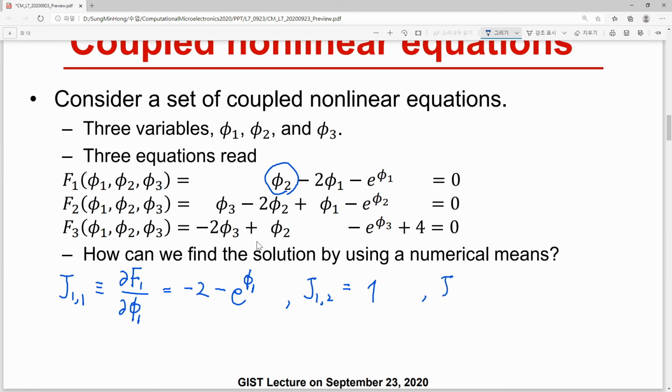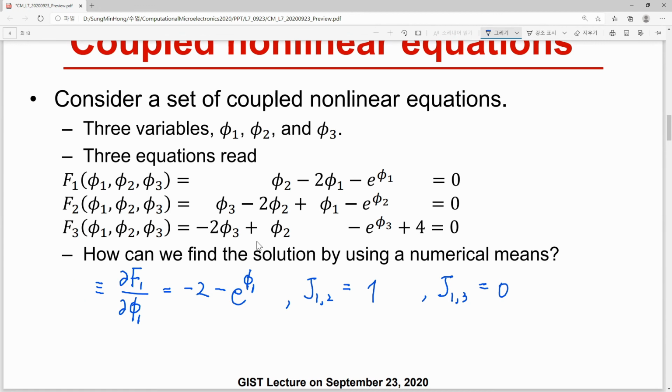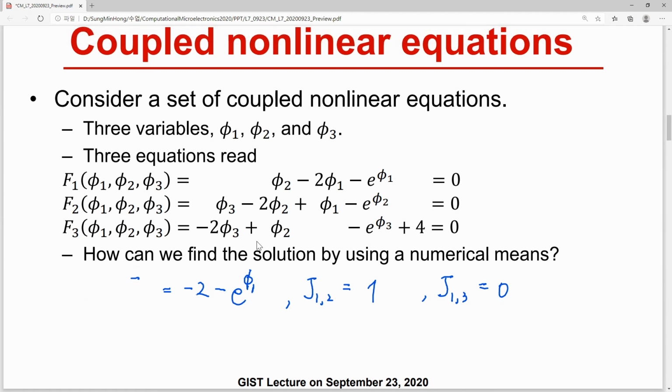And for J 1,3, there is no dependence on phi 3, so it's gone. Following this way, you can evaluate all of the matrix components for your Jacobian matrix.